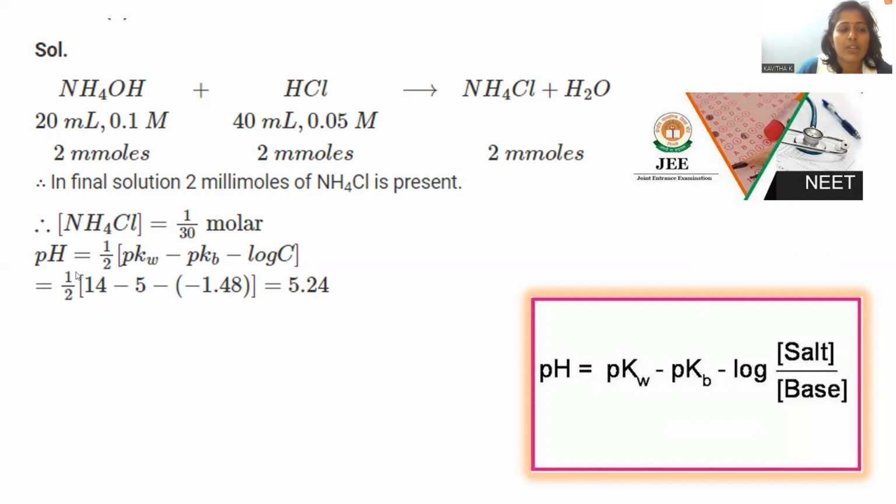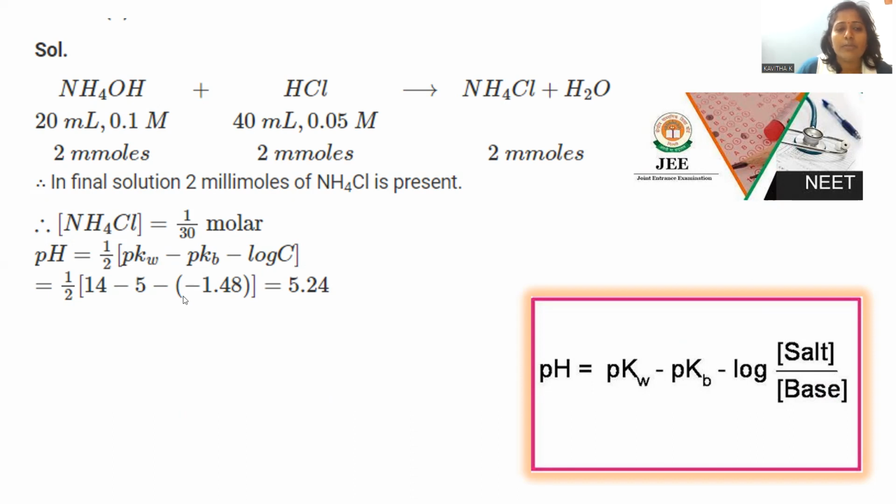So that pH value is given by the formula, pH is equal to 1 by 2 pKw minus pKb minus log C. It is also provided here. So pH is equal to 1 by 2 pKw minus pKb minus log C can be taken. Half pKw value is taken as a.